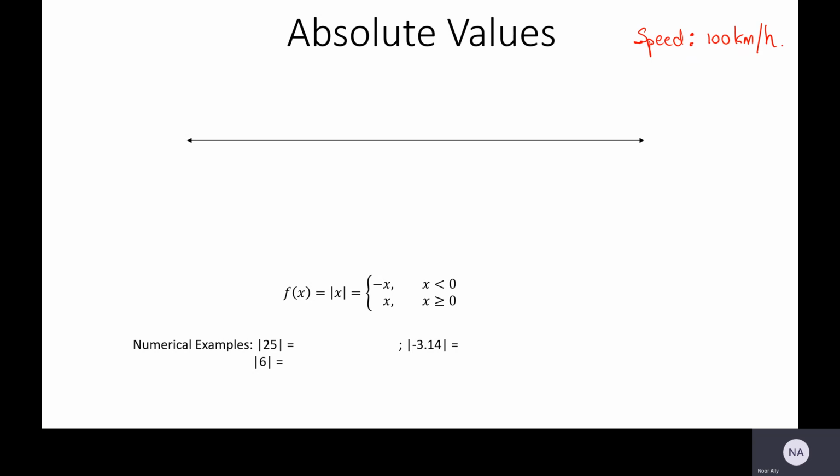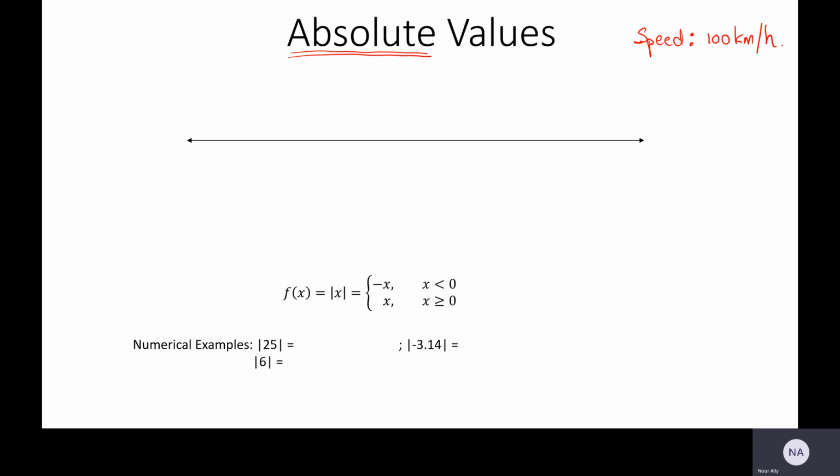And that is really the context of magnitude. In mathematics, we're going to call those the absolute values. So in our example, with the speed of a car, it doesn't matter in which direction, from behind you, in front of you, from the right, from the left, we will say that the magnitude or the absolute speed of that car approaching you is 100 kilometers an hour.